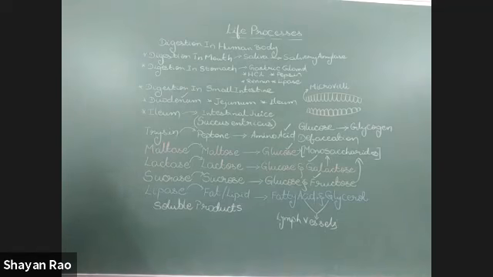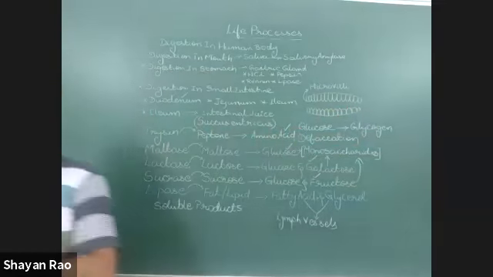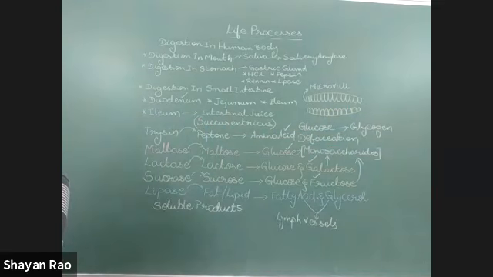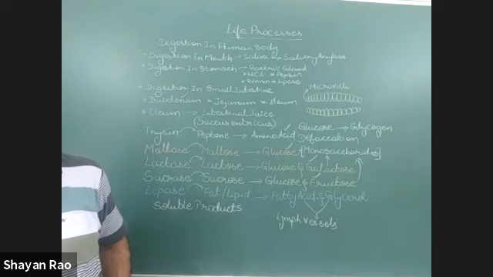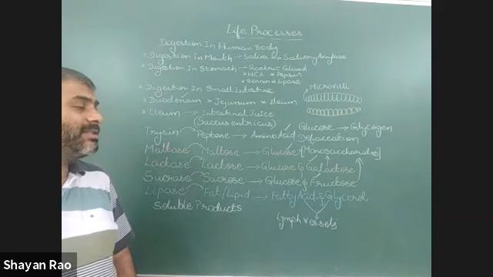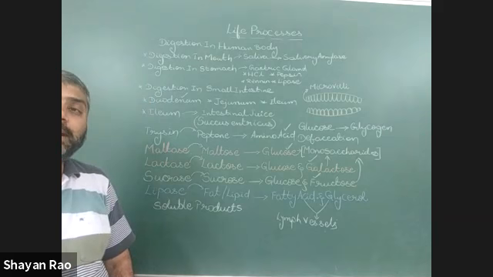The jejunum has the presence of microvilli, which are finger-like projections. These villi are soaked in the digested food.